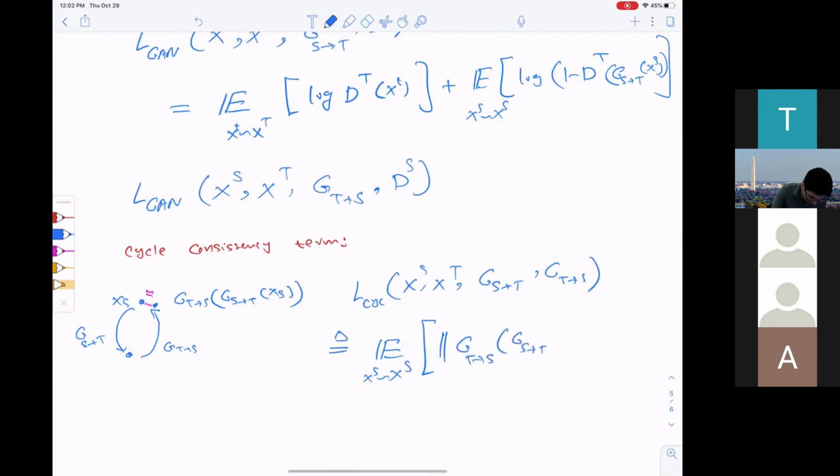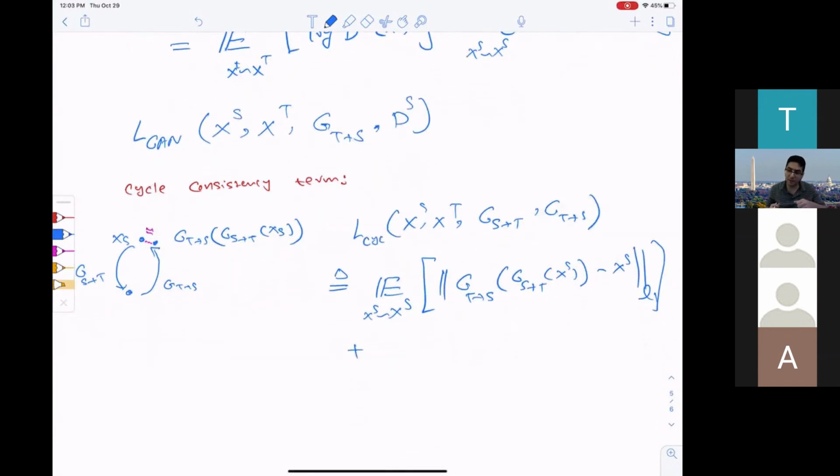Source to target, apply to the source samples, and I'll have basically the same term. If I start with the target sample, go to the source, come back, and I'll have another such term. So the only difference here is that here we are going to have a reverse ordering of the source to target functions.